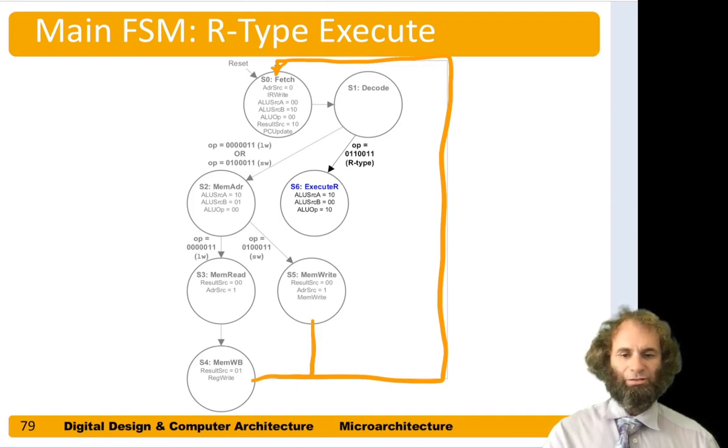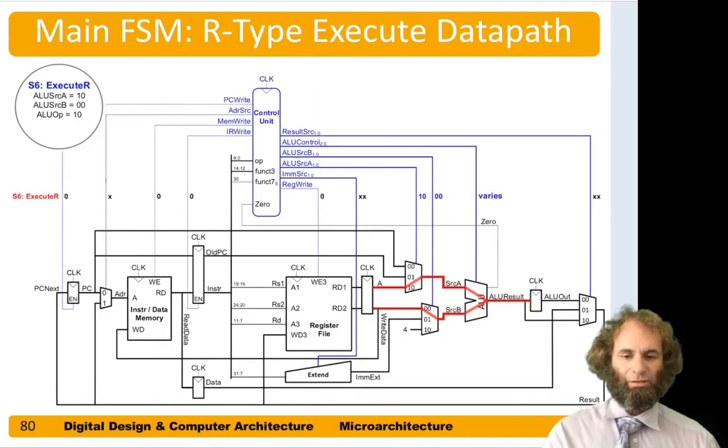On the 3rd step of an R-type instruction, we need to do the ALU operation. Remember, the R-type instructions are add, subtract, and, or, set less than. For any of these, the first source comes from register file port 1, so ALU source A needs to be 10.